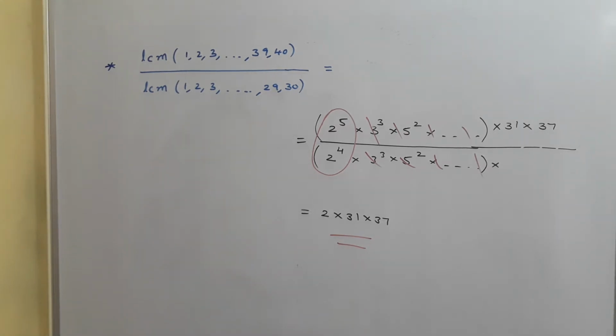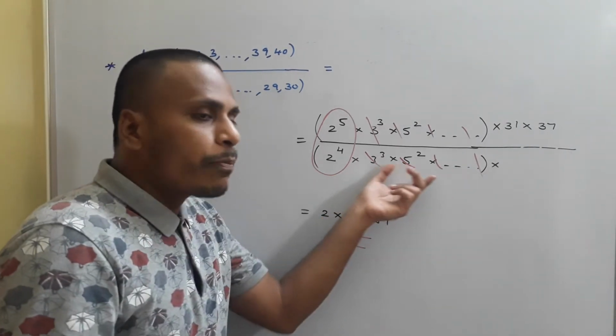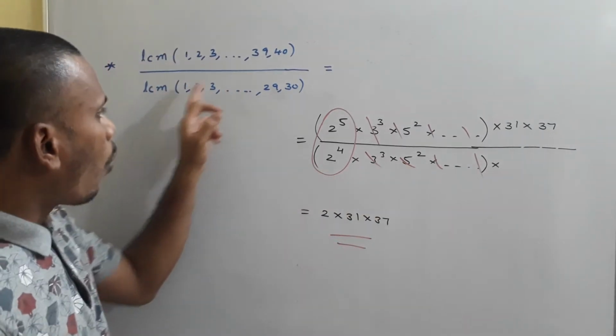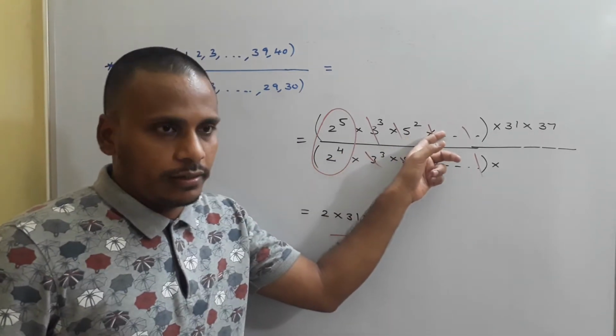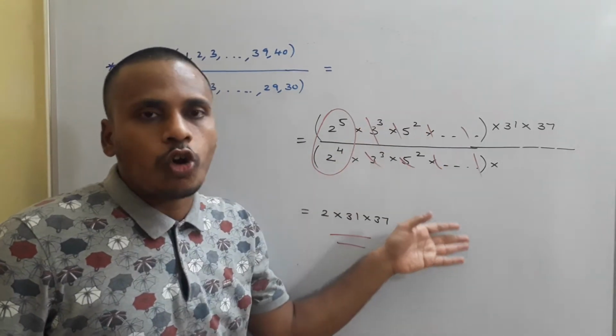The problem is very simple, but to answer it we need to know the way of writing LCM using prime factorization. Think about the problem once again. All the prime numbers between 1 and 30 exist both in the denominator as well as in the numerator, so easily you can cancel them out.